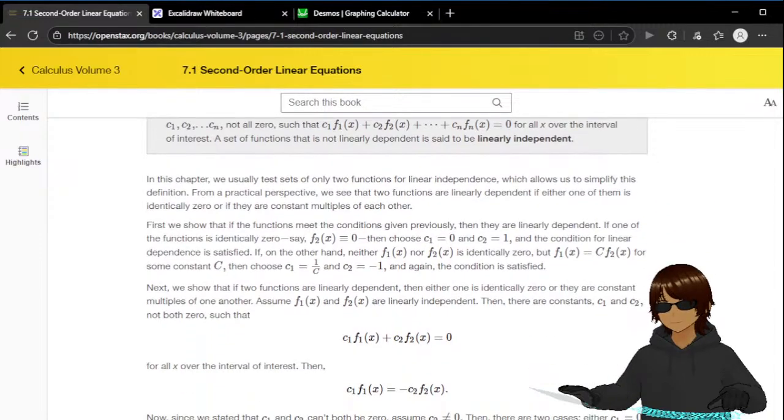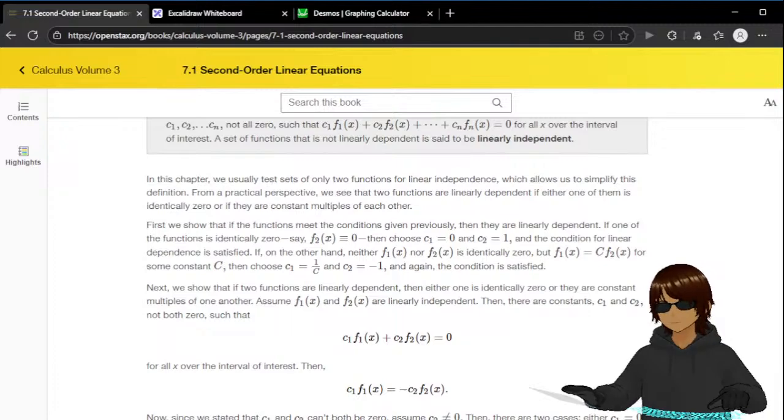In this chapter, we usually test sets of only two functions for linear independence, which allows us to simplify this definition. From a practical perspective, we see that two functions are linearly dependent if either one of them is identically zero, or if they are constant multiples of each other.